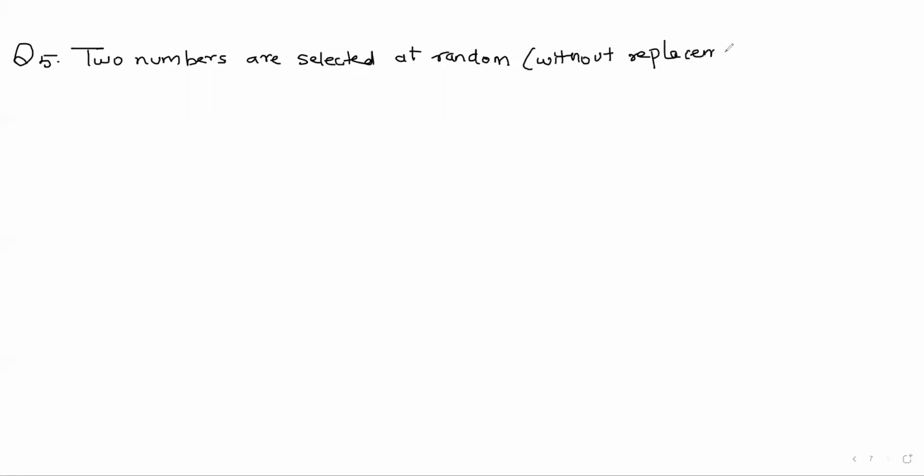Let's try this. Two numbers are selected at random without replacement. Okay, so that means conditional probability.